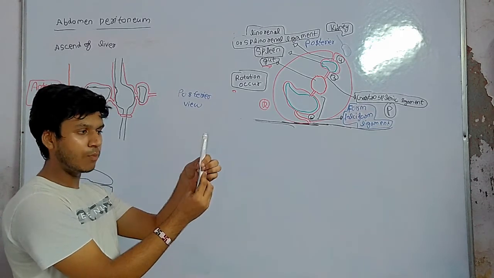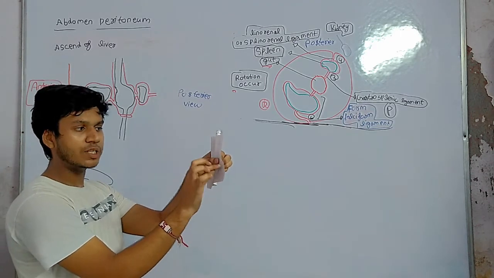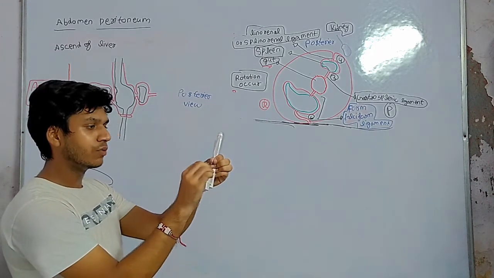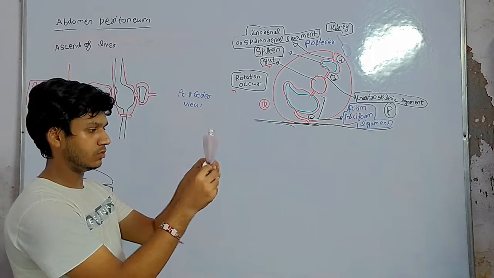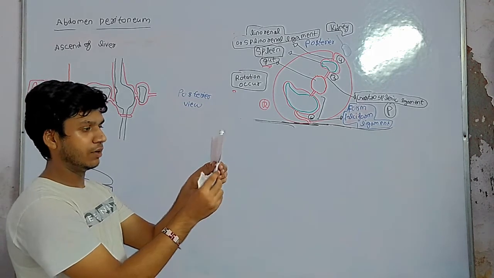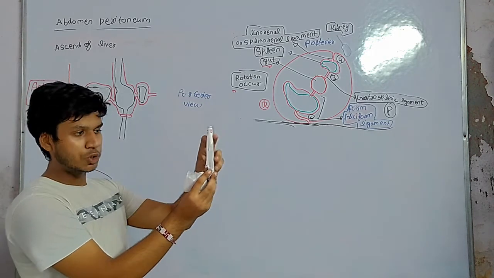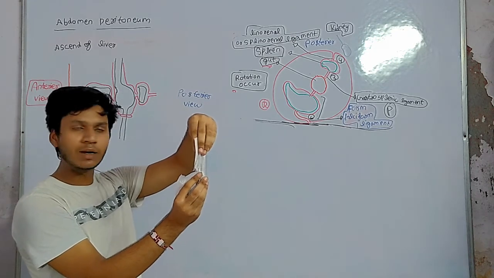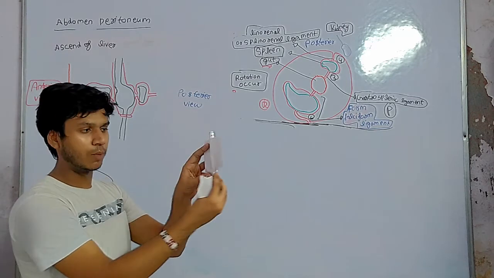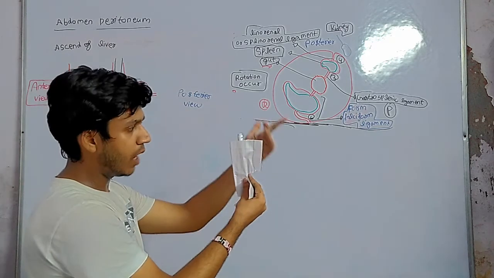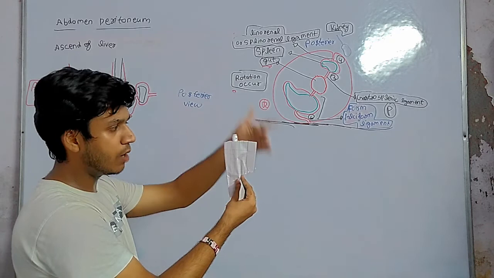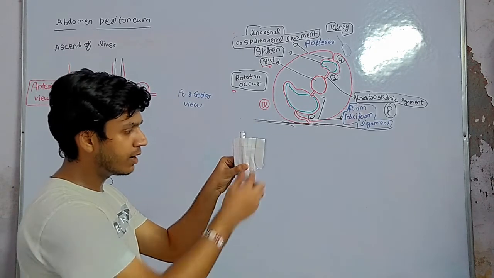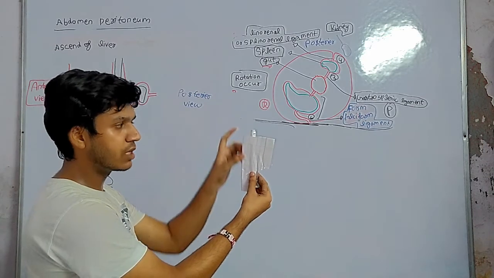But one important thing: if this is the umbilicus region, we know below the umbilicus there is no mesogastrium, so it is like this. Done. From here it is completely joined. So this peritoneum is present like this. Anteriorly, above the umbilicus, there is ventral mesogastrium and dorsal mesogastrium. This point is umbilicus. Above the umbilicus, ventral mesogastrium completely. Below the umbilicus, no ventral mesogastrium, but dorsal mesogastrium is present completely.